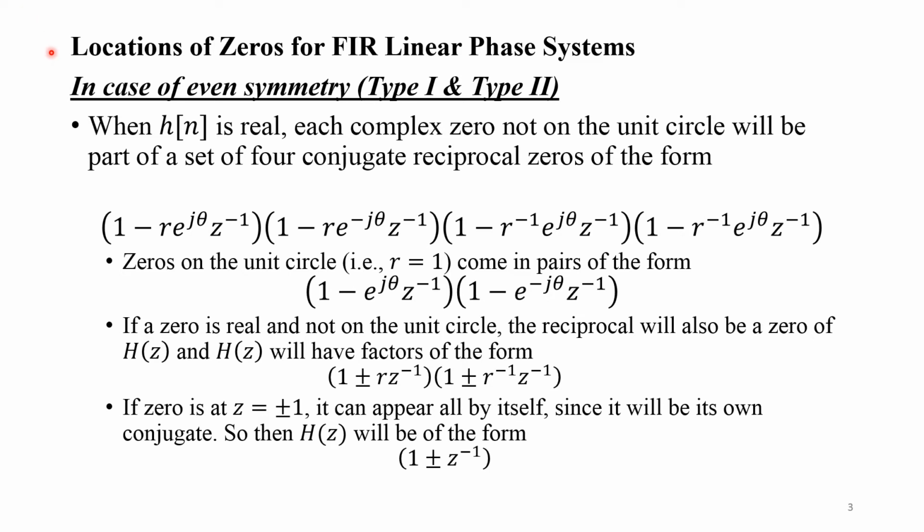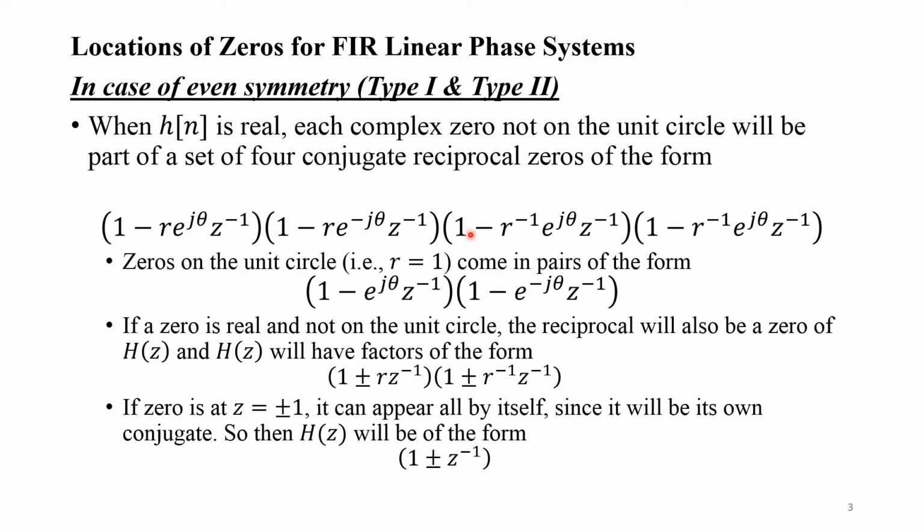So based on that, when z naught equals, for example, r e^(j theta), then we have the conjugate reciprocal pairs: 1 minus r e^(j theta) z inverse into 1 minus r e^(minus j theta) z inverse.